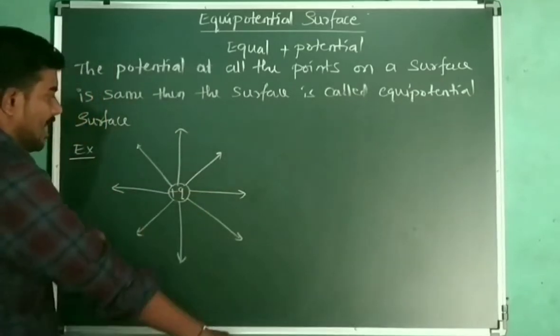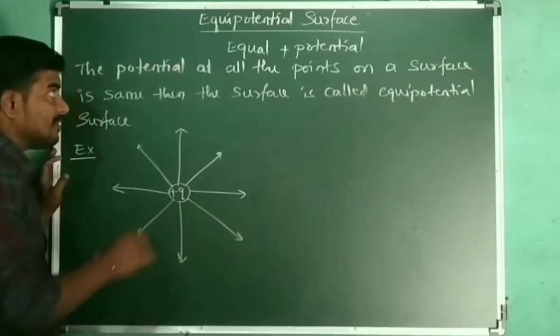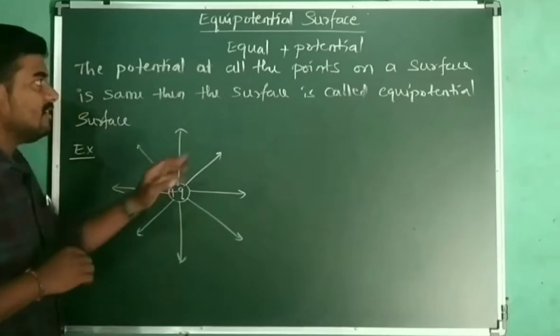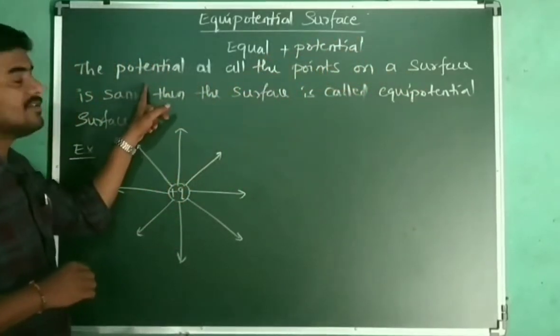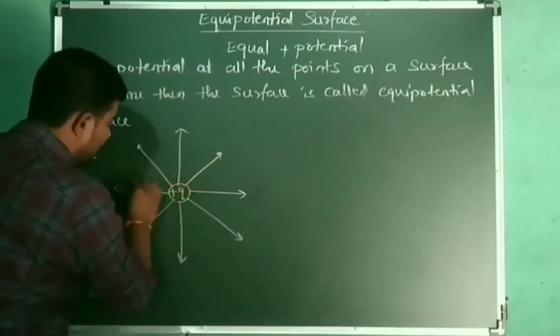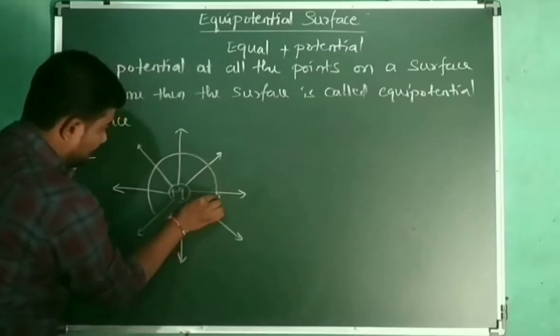And for this point charge, the equipotential surface should be such that the surface has the same potential at all points. So for that I will consider a sphere this way.